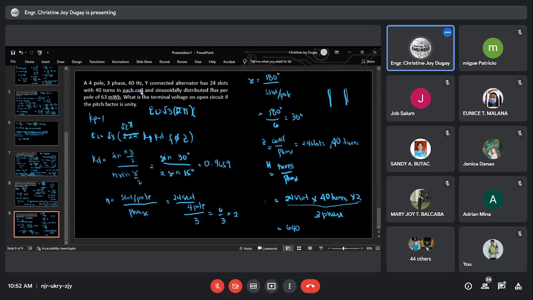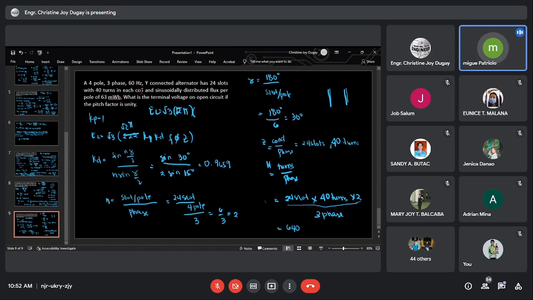Paano mo siya i-rationalize yung 40 turns in each coil? Ano yung naintindihan mo doon? Each. So, ibig sabihin, sa isang coil, meron tayong 40 turns. Each coil, sabi niya, so kung each siya, tig-isa. Diba?